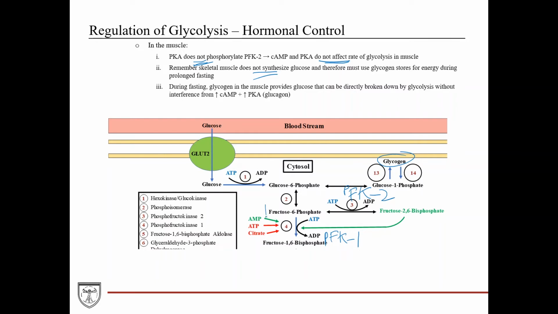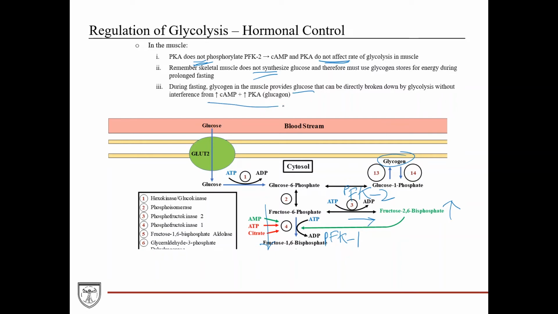So during fasting, you need to carry out glycolysis to produce ATP eventually. So there's no advantage to decreasing fructose 2,6-bisphosphate. In fact, it's advantageous, and this is what happens, this reaction moves towards producing fructose 2,6-bisphosphate, which then stimulates PFK1 and then stimulates glycolysis. And so again, as we say here, during fasting, glycogen in the muscle provides the glucose that can be directly broken down via glycolysis.